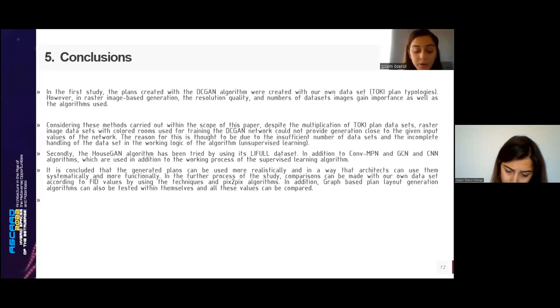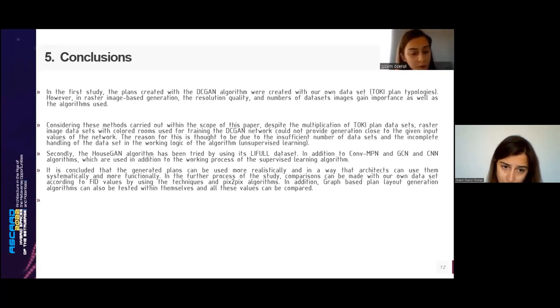If the datasets are not qualified, it also affects the outputs. But it's not the only thing that affects the outputs; the algorithms used for supervised or unsupervised learning are also important for generating the outputs.